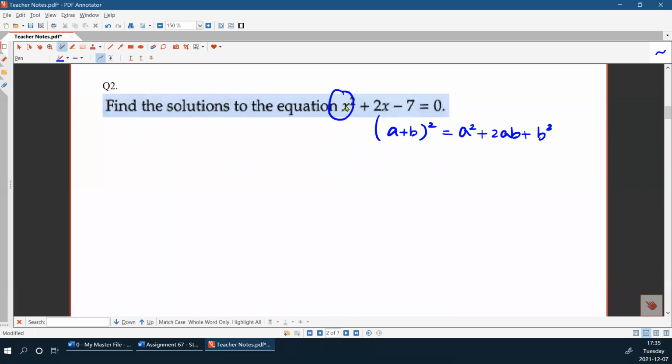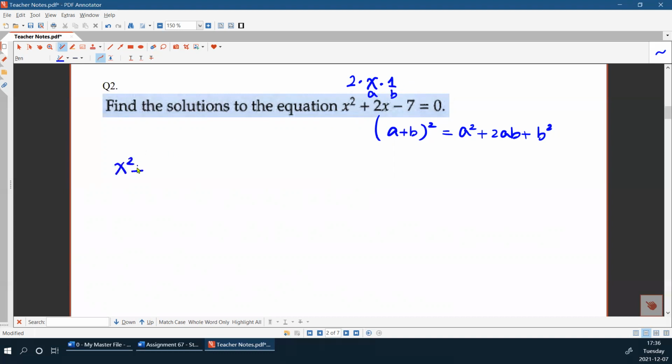This is our a squared, and 2x is our 2ab. As long as we can find our b squared, we can then use the formula. So 2ab is 2 times x times 1, right? x is a, then 1 is b.